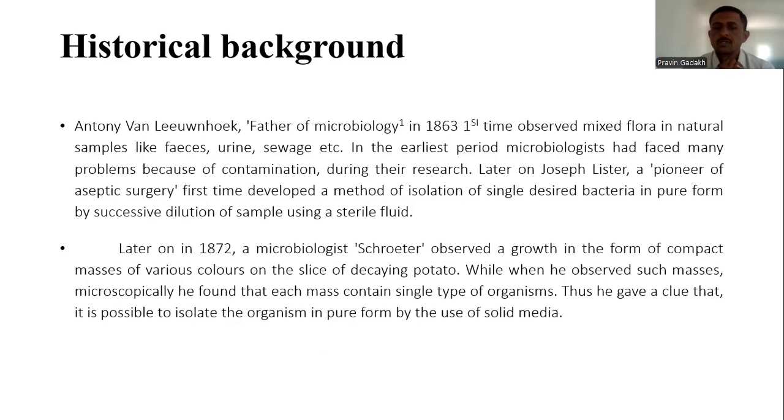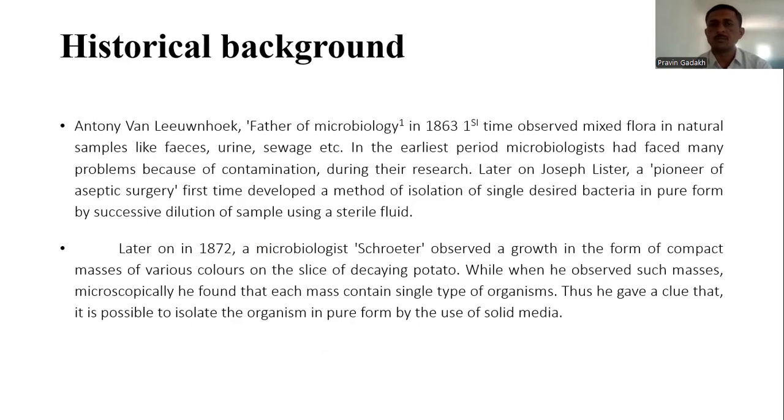When successive dilutions were carried out by Sir Joseph Lister, he was able to isolate a pure single type of organism by carrying out multiple serial dilutions. But after that, in 1872, another scientist observed a single type of growth of organism on a decaying potato.